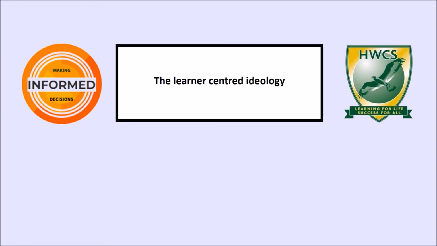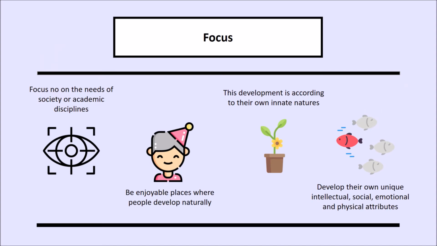The next one we're going to look at is the learner-centered ideology. The focus of this ideology is not on the needs of society or academic disciplines, but on the individual. We want schools and courses to be enjoyable places where people develop naturally. We want them to develop according to their own innate natures, not predetermined disciplines that we've decided.